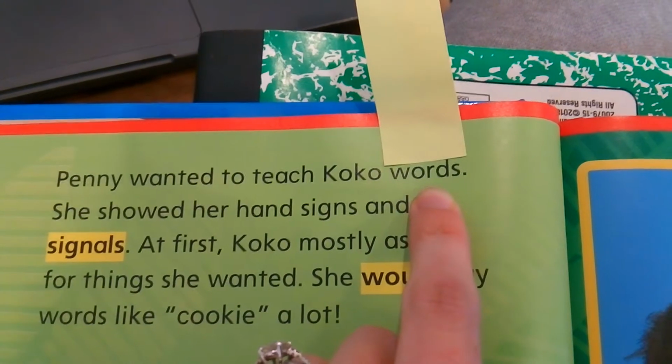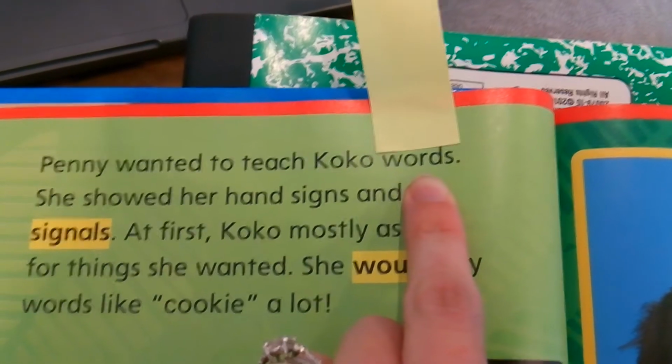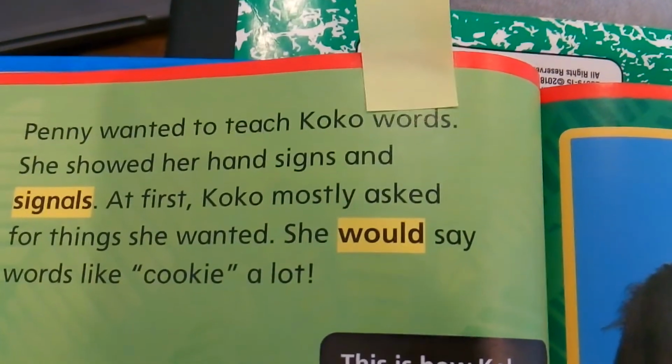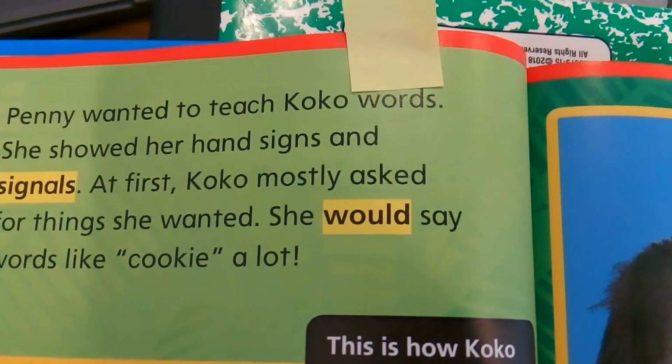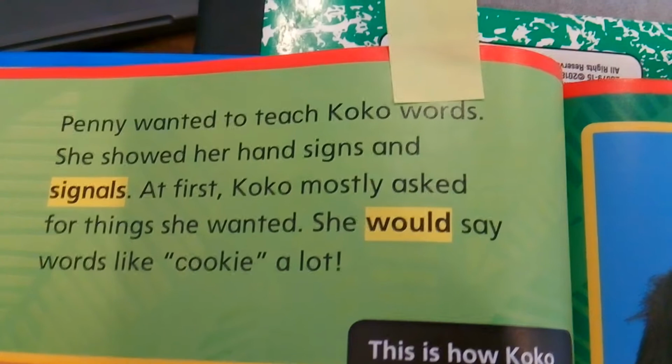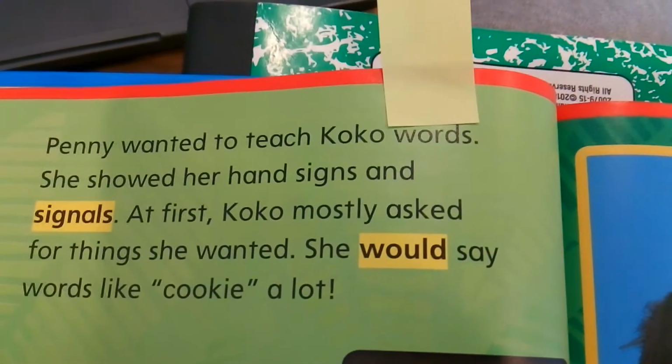Now, I also remember from my stem that I talked about Penny wanting to show Koko something. So I'm going to take my second Post-it note, and you can use Post-it notes too to mark, because I really encourage that, or you can highlight the text on your document.